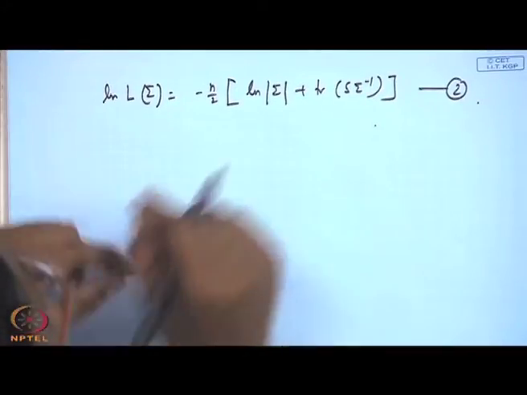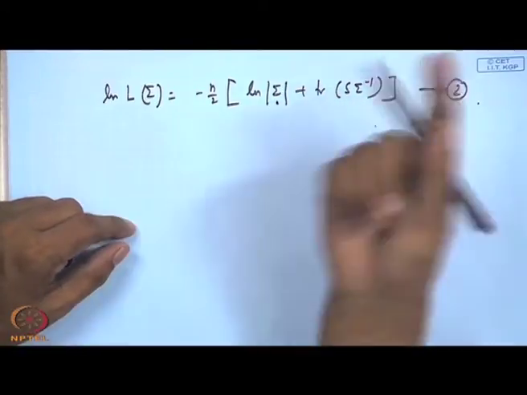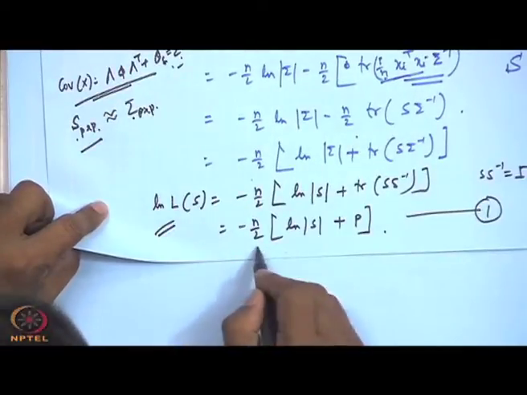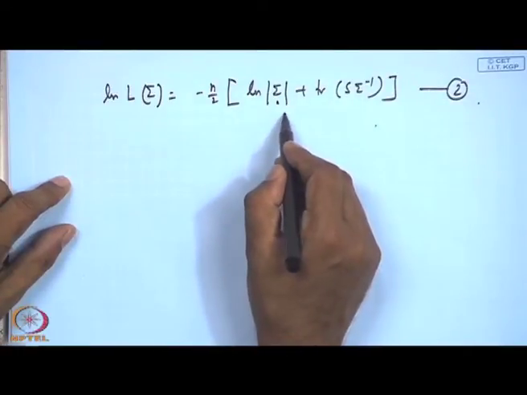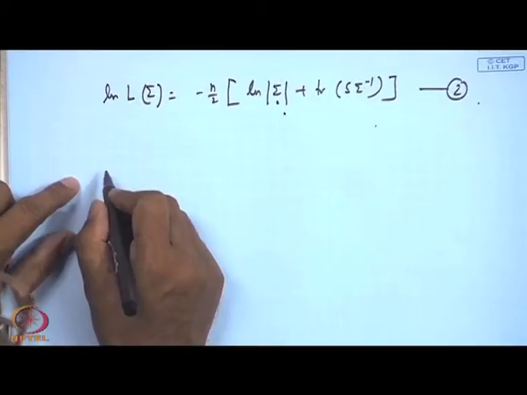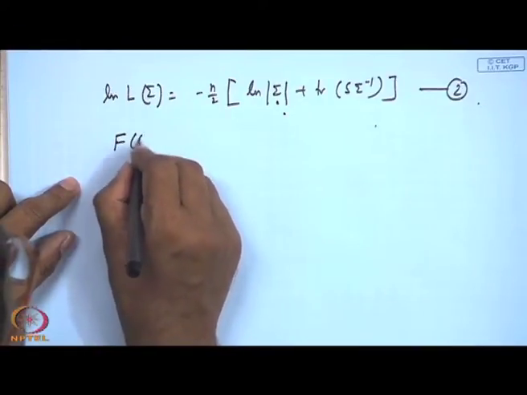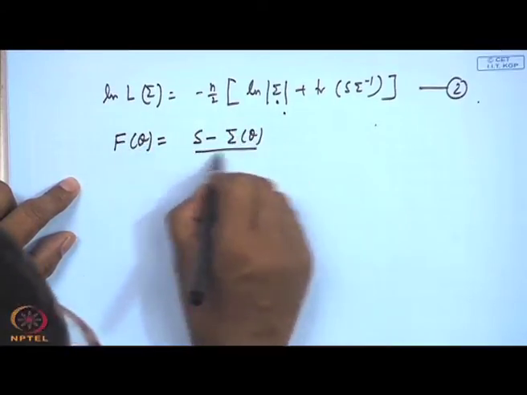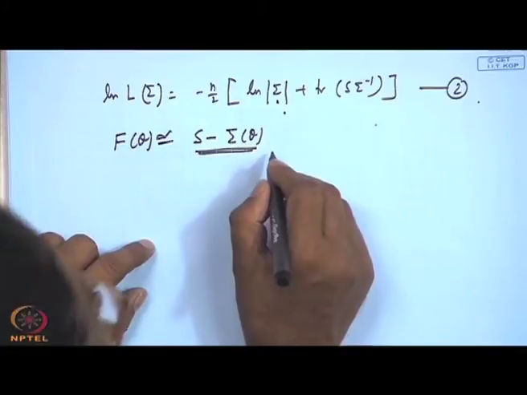So, what we want is to find out the parameters. Now, this sigma will be in terms of model parameters, and when we are talking about S, it is basically numerical values, whereas here it is in terms of model parameters like lambda, phi and all those things. So, we will create a function that we want to minimize, which we call f theta, which is nothing but S minus sigma theta, not exactly equal to, but of this nature.